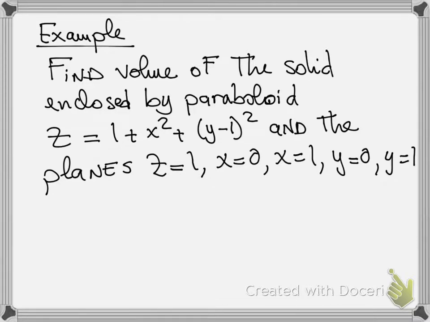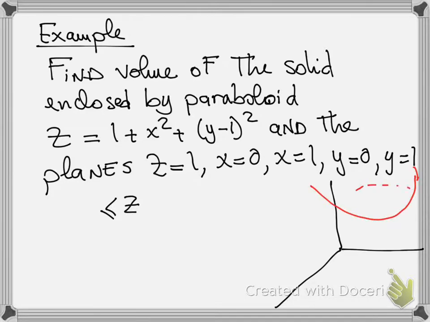From the problem, you can see that your z is between the plane and the paraboloid. So here you have some paraboloid. From its equation, 1 plus x squared plus (y minus 1) squared, the squares are always positive or 0, so this number is always larger than or equal to 1.